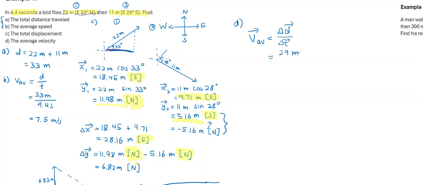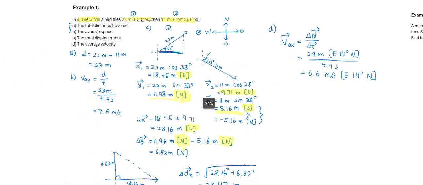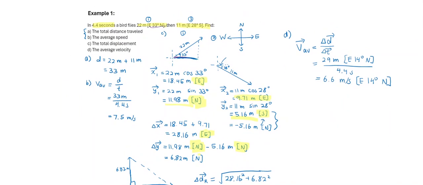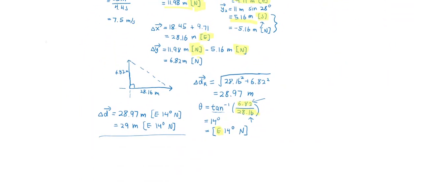So 29 meters east 14 degrees north over 4.4 seconds is going to be 6.6 meters per second. And then once again, we need the direction because it's a vector quantity. And that's our answer. So there's question 1, a fairly simple problem.